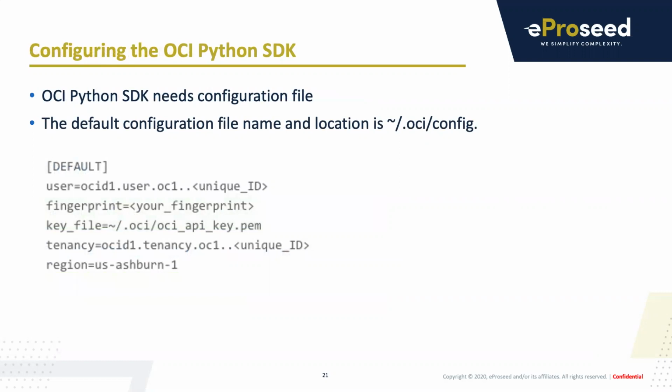To configure that Python SDK, you will need a configuration file. The configuration file contains all the information that the code you write needs to connect to Oracle Cloud Infrastructure.